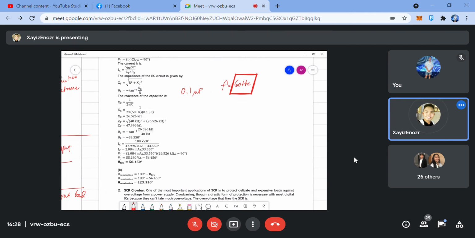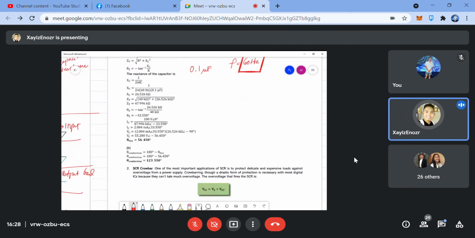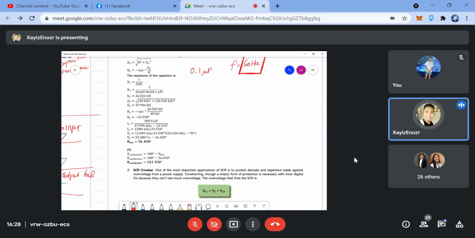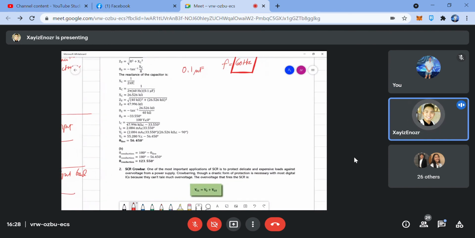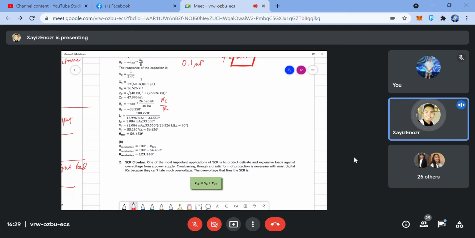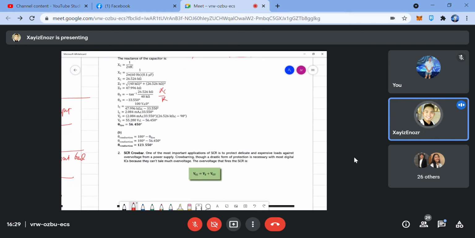So our resulting impedance natin will be 47.996 kilo ohms. Then hanapin natin yung angle ng impedance natin, that will be negative arc tangent, 26.526 kilo ohms over 40, XC over R. Okay? Then we have theta Z is negative 33.550 degrees.